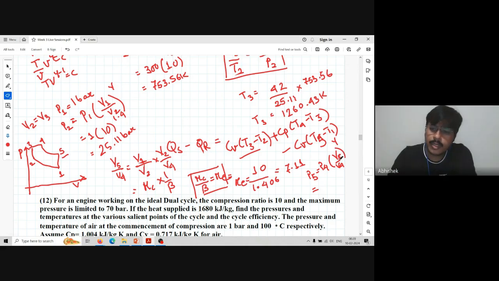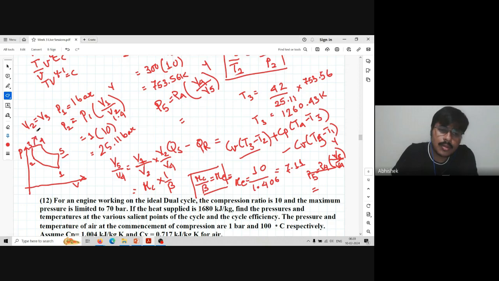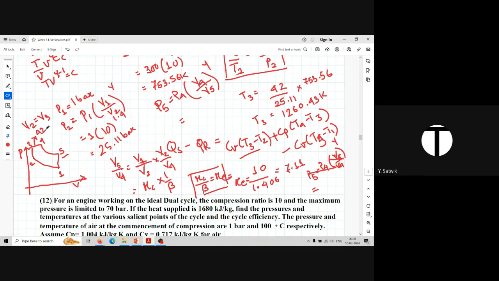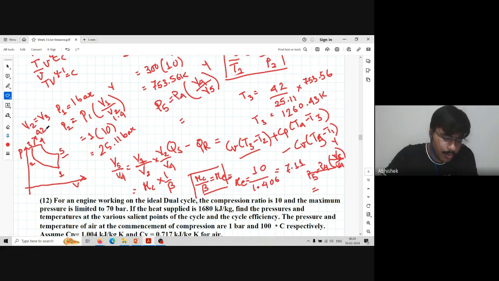P4 is same as 42, right? See, I did one mistake. You didn't tell me. We have to calculate P5. P5 is equal to P4 times V4 by V5 to the power gamma. P4 is 42, maximum pressure 42 bar it is given. So V4 by V5 is 1 by 7.11. 1 divided by 7.11 to the power 1.4 into 42. How much you are getting? 2.69 I'm getting.